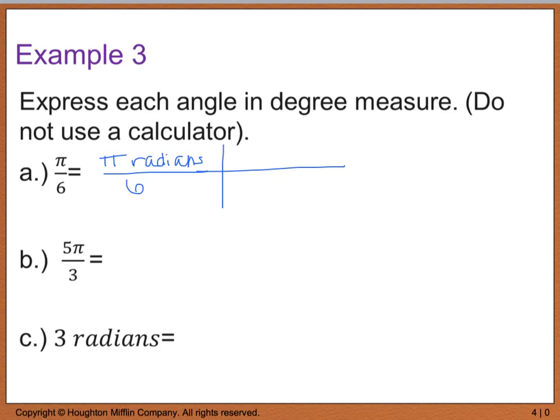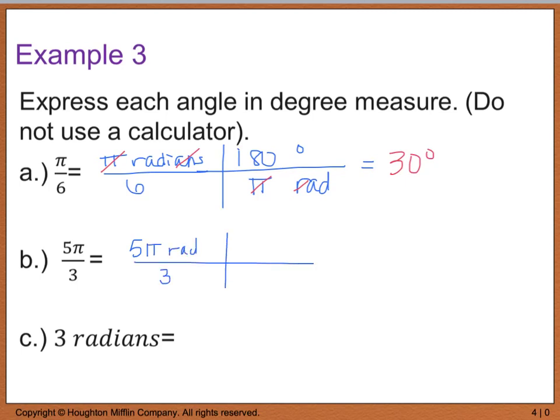I want radians to cancel, so I have radians down here, and I'm going to put degrees up here because that's what I want. I have 180 degrees for every pi radian. So my pi radians are going to cancel out, and I have 180 divided by 6, which is going to give me 30 degrees.